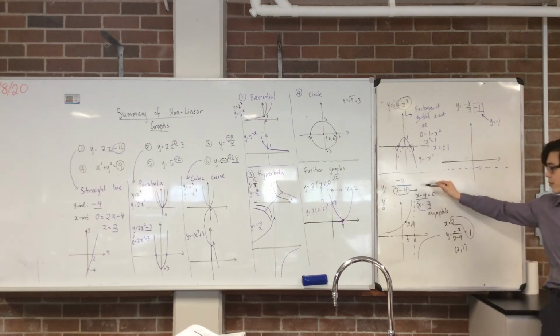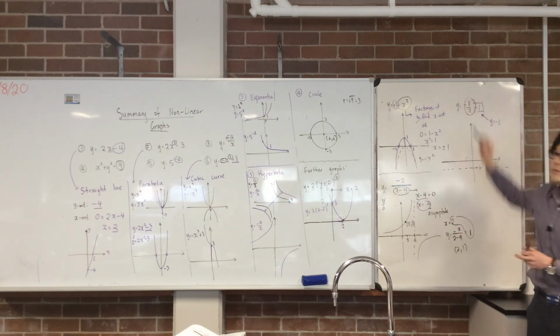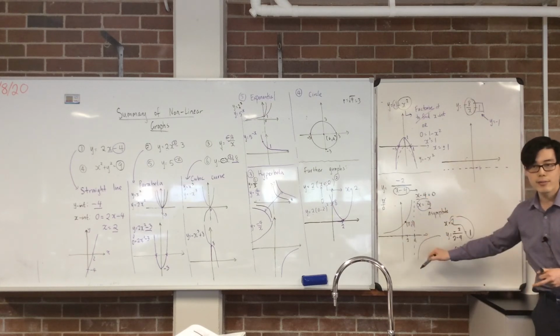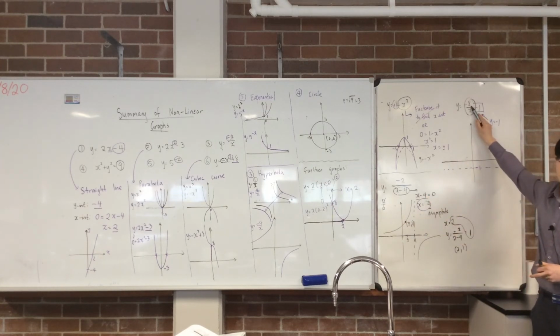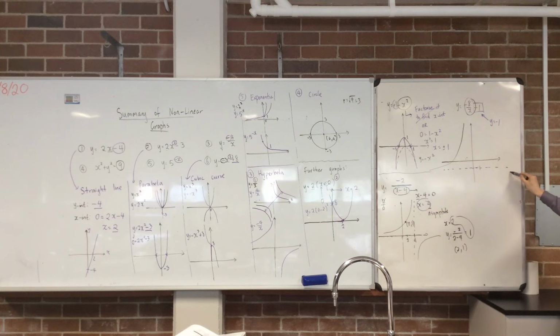Instead of vertical, it's horizontal. Then draw that. The minus becomes this side of the graph. The 8 makes it further away from the origin. So let's try and draw that like this.